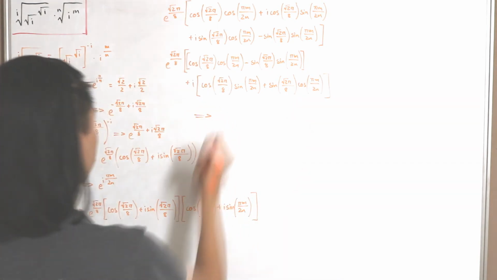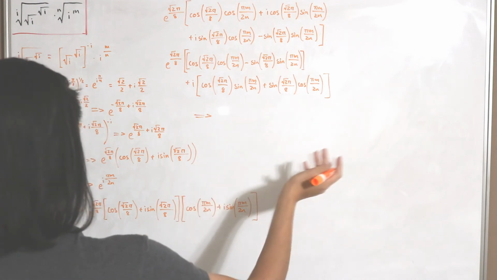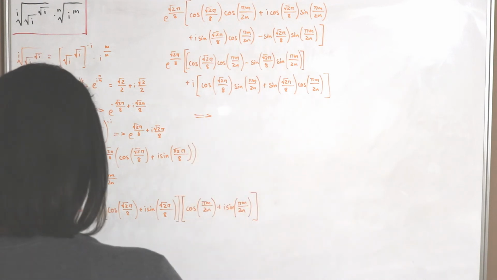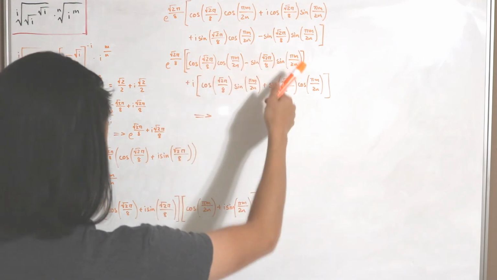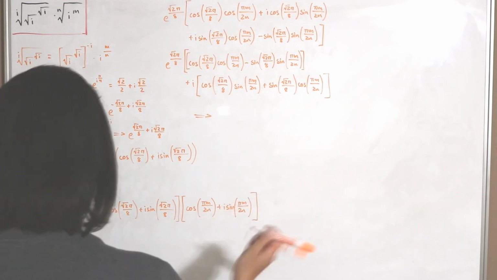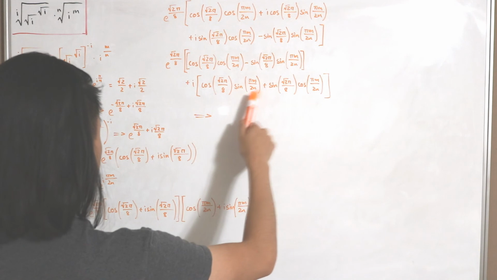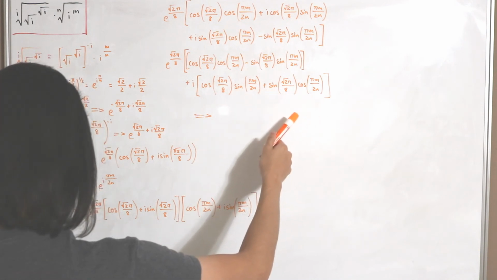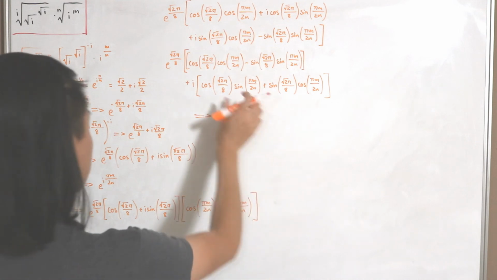And now for that last part, if you use your rules of angles and the sum and differences of angles, you'll get that cosine times cosine minus sine times sine is equivalent to cosine of the sum of the two inputs. And cosine times sine plus sine times cosine is basically just sine of the sum of the two inputs.